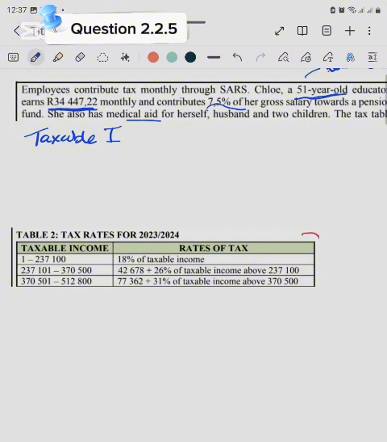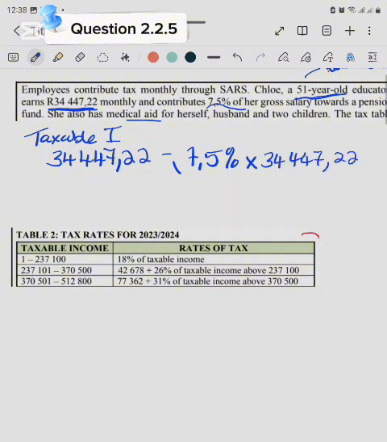So firstly, I'm going to need to say, well, her income is 34,447.22, and I need to remove her pension, and her pension is 7.5% of 34,447 Rand and 22 cents.